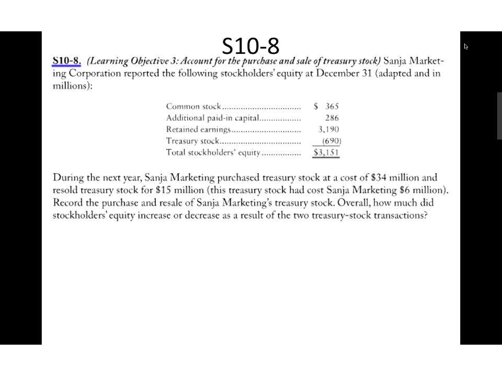It's a contra stockholders' equity account. During the next year, the company purchased treasury stock at a cost of $34 million and resold treasury stock for $15 million, and the treasury stock they resold had cost them $6 million. We're supposed to record the purchase and resale of the treasury stock.